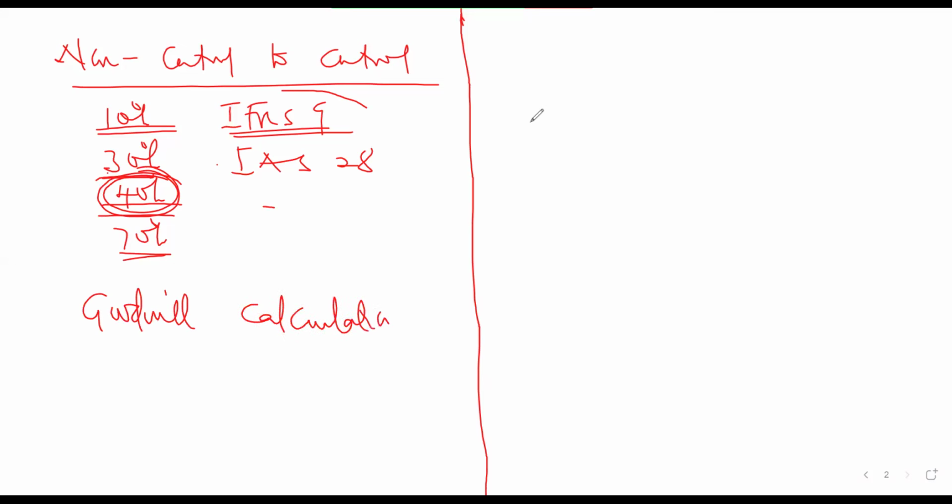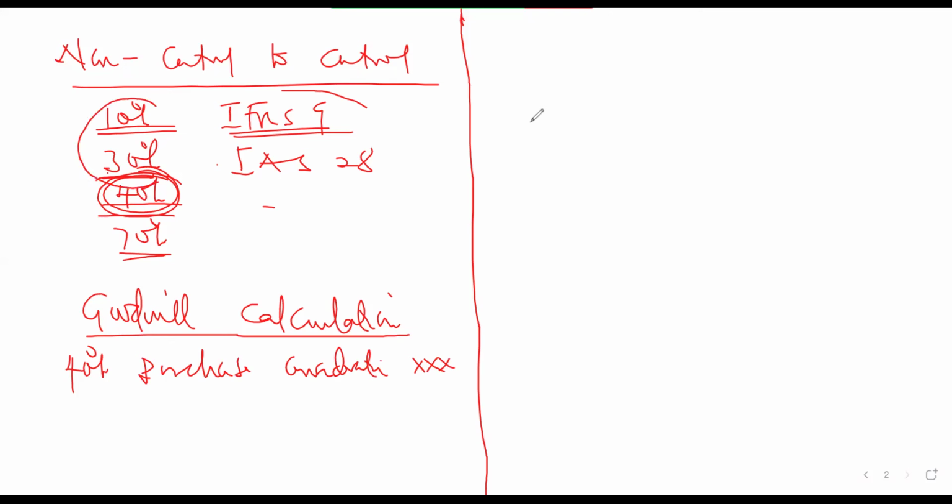So your purchase consideration for all this one. So you have the purchase consideration for 40%, which is the amount that we are paying now. So what is the purchase consideration for the 40%? So the question will give you the additional amount paid, and that will be the fair value. Okay. But if you come to the existing investment, you ask yourself, what is the fair value today?